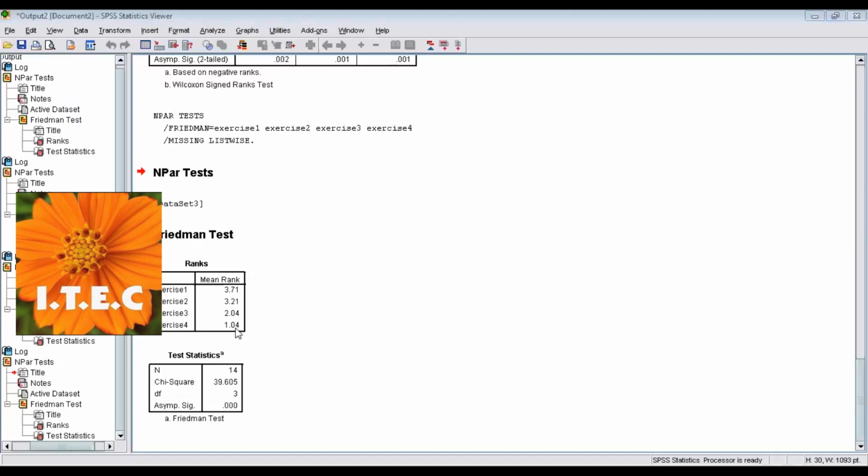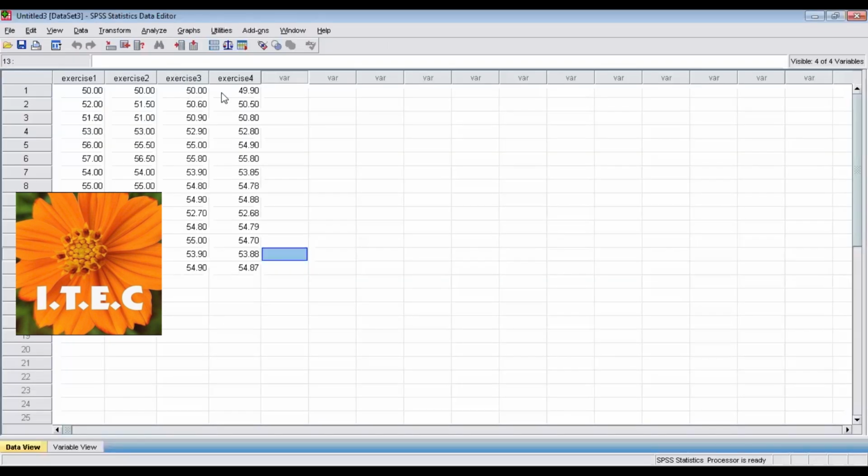But if you want it to be not significant, let me change the values if I can and make it a non-significant, let's say. Suppose maybe I do it like this, it is 50. I do it like this. Say it is 51.90.